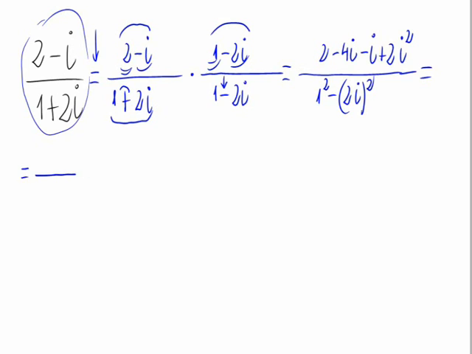This would be equal to, the numerator would be 2 minus 4i minus i is minus 5i, and plus 2 times i squared.